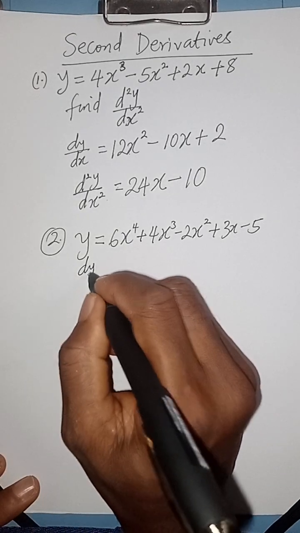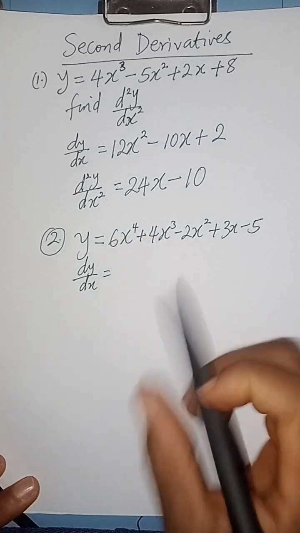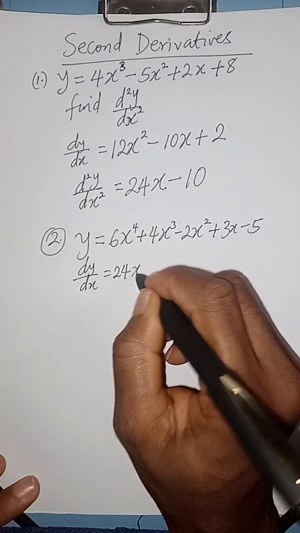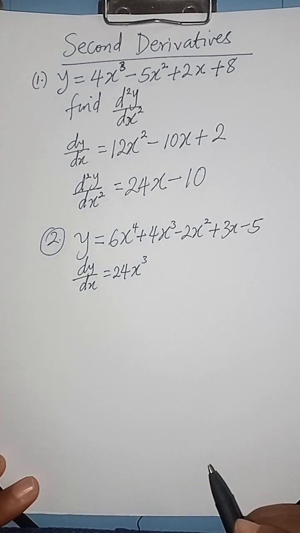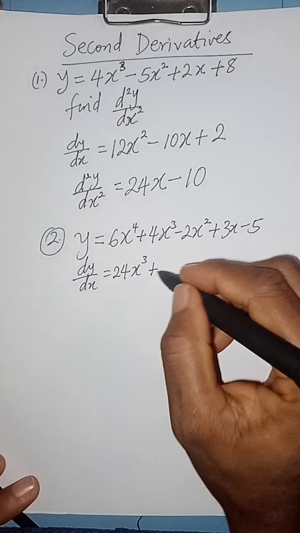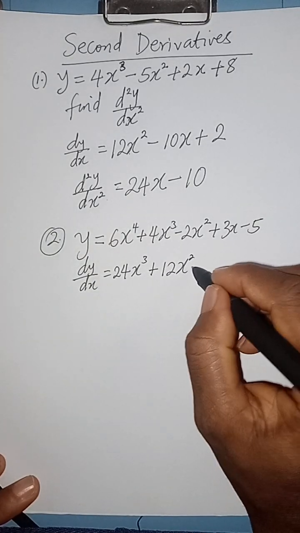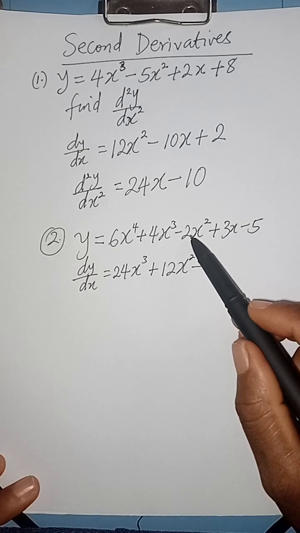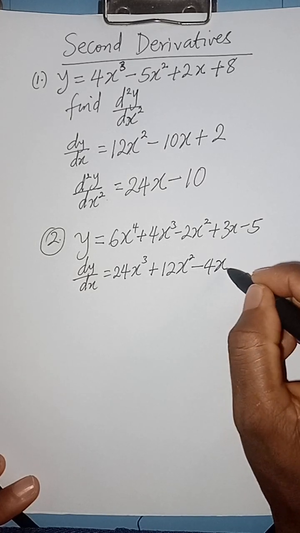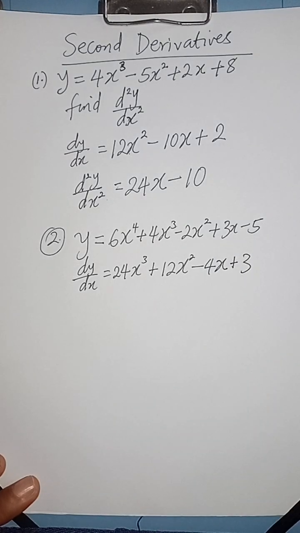So first of all, I have to look for dy/dx. 4 times 6 is 24x raised to power 3, plus the power here is 3, 3 times 4, 12x raised to power 2, minus 2 times 2, 4x, plus differentiate 3x, 3.